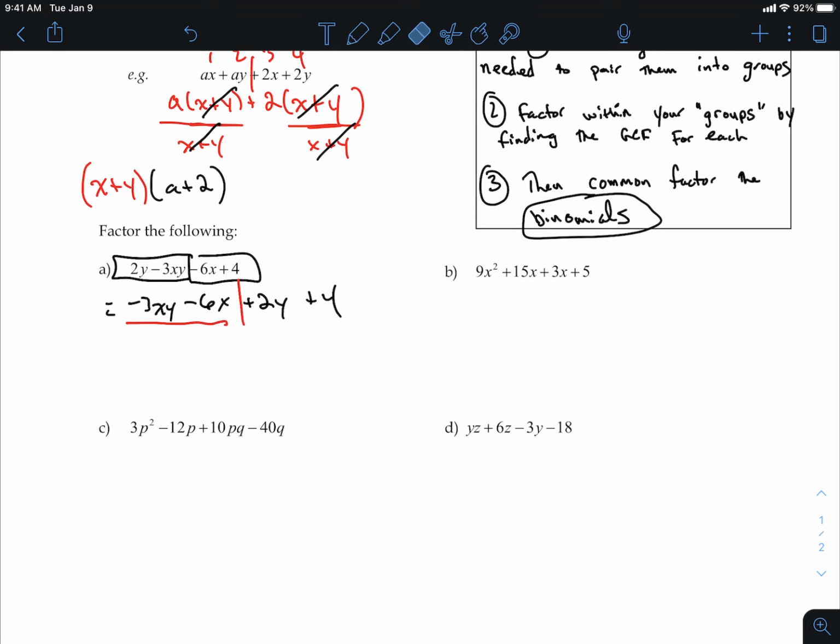What I'm asking is, what's the greatest common factor? What could I divide both these things by equally? Yeah, Wesley. Minus 3x. Good. Minus 3x. If I divide both of these by negative 3x, I'd get a negative 3x out front, and I would write what was left on the inside. The negative 3 would cancel the negative 3, the x would cancel the x, so you're left with just the y there.